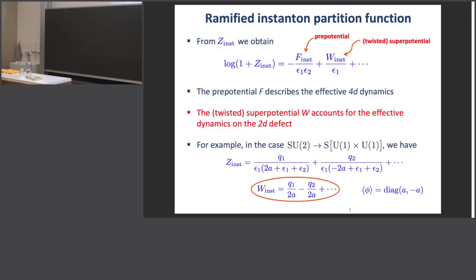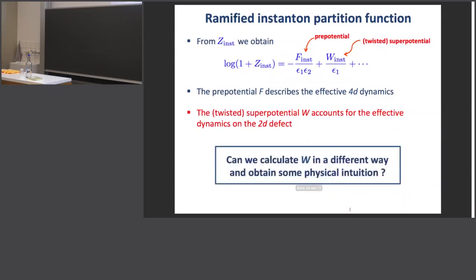For example, in the simplest possible case in which you start with an SU(2) theory, and you break into, in this case you have only one possibility, U(1) x U(1), actually S(U(1) x U(1)), then the result is very simple. This is the explicit expression at the one ramified instanton level, then you can go to higher instantons without any problem. And by looking at the 1 over epsilon1 part in this expression, you get the twisted superpotential, the non-perturbative part of the twisted superpotential.